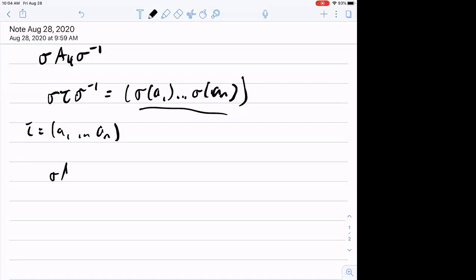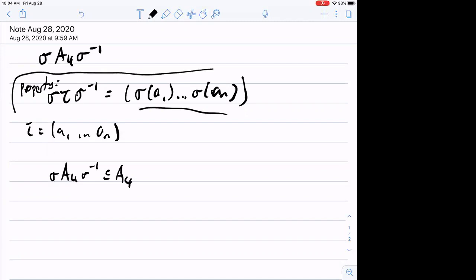So it's clear that this is contained in A4, right? And then you're done. So it's normal. It's easy in the case we're in S_n because you have this property right here. Makes stuff very easy because you know what happens when you conjugate.